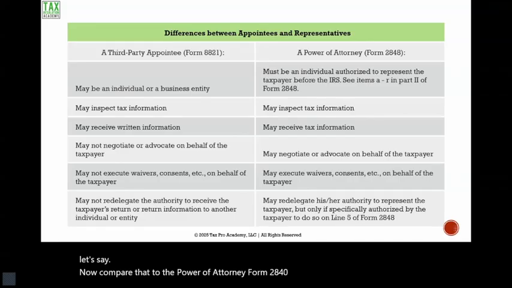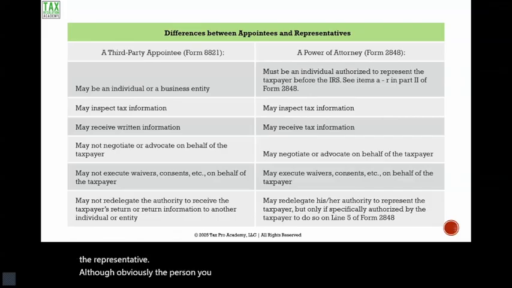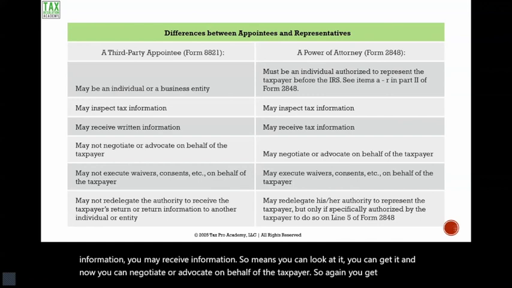Now, compare that to the power of attorney Form 2848. This can only be individuals who are the representative, although obviously the person being represented can be anybody. You may inspect information, you may receive information, so it means you can look at it, you can get it, and now you can negotiate or advocate on behalf of the taxpayer. So again, you get to be the taxpayer.